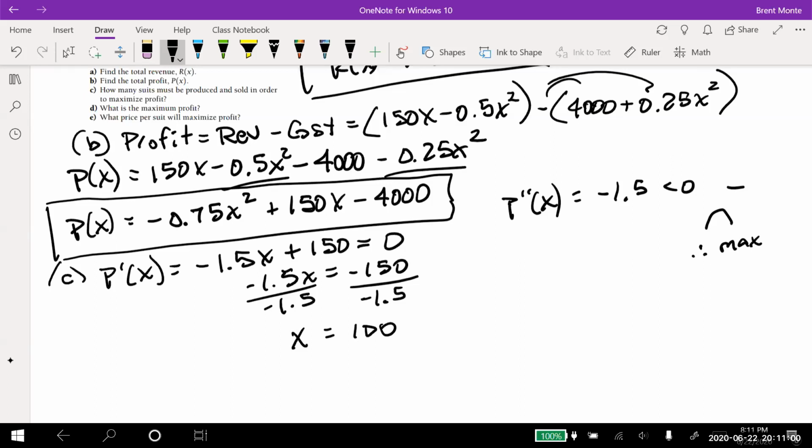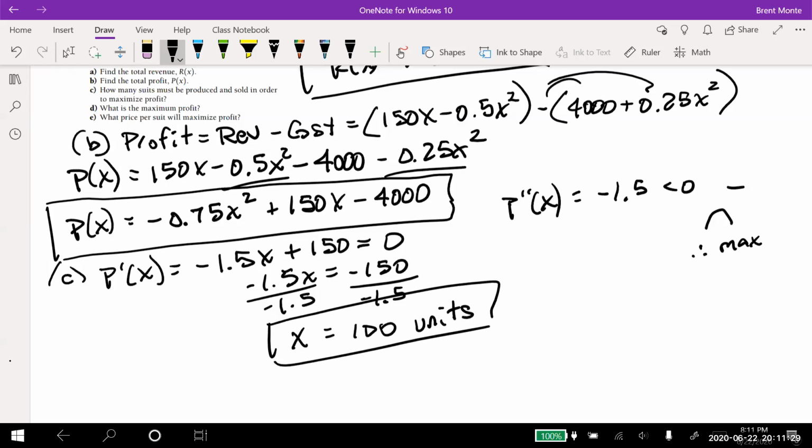There's no place to plug in the 100 this time. And of course, if you look at that P of x function, it's just a downward parabola. The second derivative being negative 1.5 says it's always concave down because it's just an upside down parabola. Okay, so this 100 is the number of units I have to produce to maximize profit.